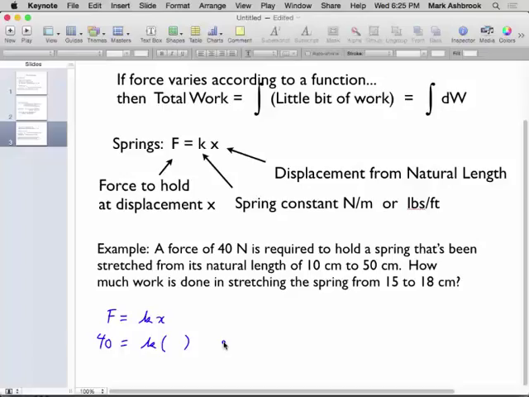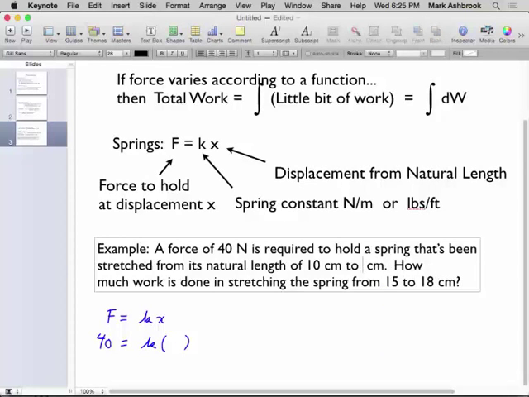No, I don't know where I got that. 10 to 15, not 50. It's my bad eyes. Sorry. Okay, this makes more sense. So what is x? The natural length is 10. We stretched it to 15, and now we're holding it there, and it takes 40 newtons.